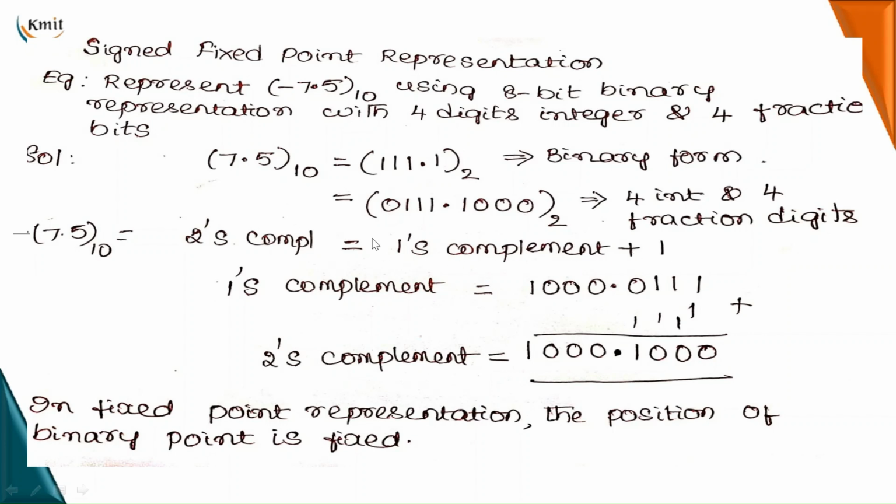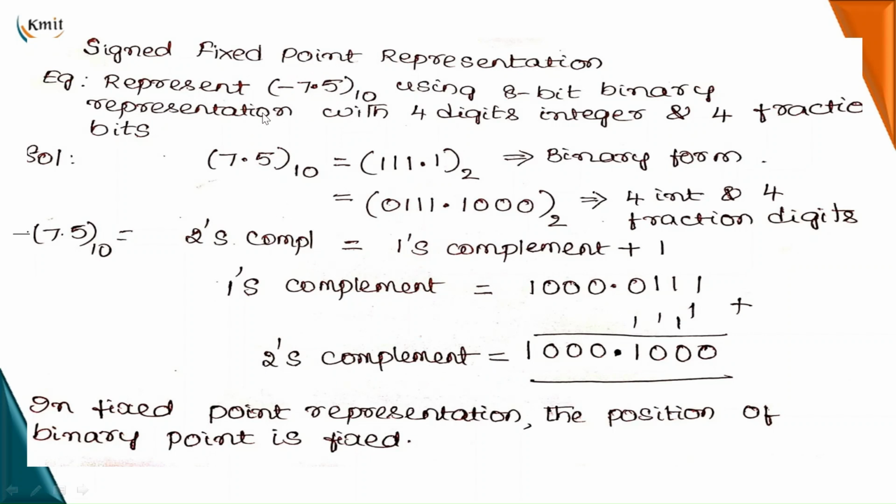So I take this number and perform a 1's complement. It becomes 1000.0111. This is the 1's complement of the given number. Now I add 1 to it, so it becomes 1000.1000. So this is the 2's complement.